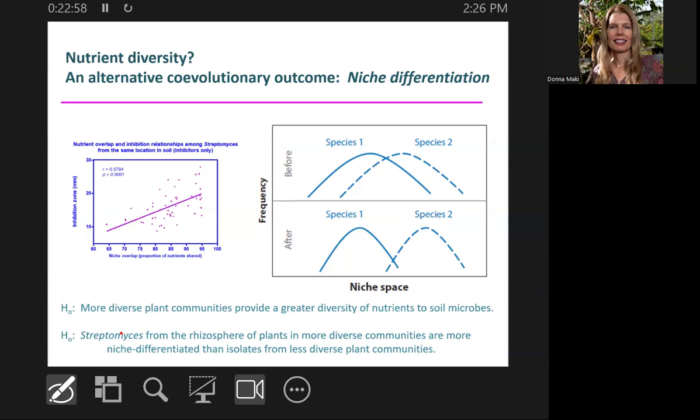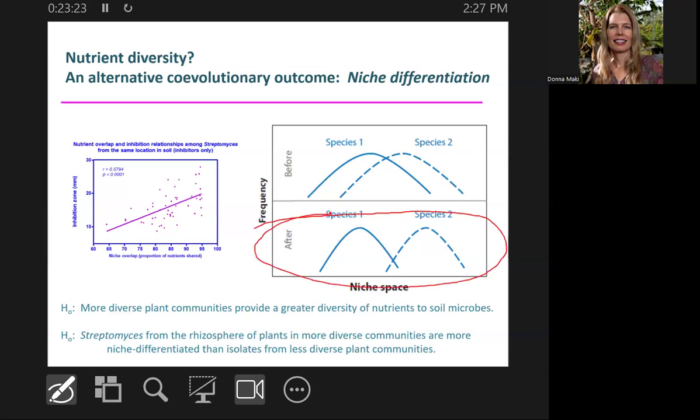And so you saw this already, where if there's significant niche overlap, so they're sharing the same nutrients, at 100%, it's like all the same. You get nice inhibition under that state. Here on the right, you're seeing the idea of niche differentiation.